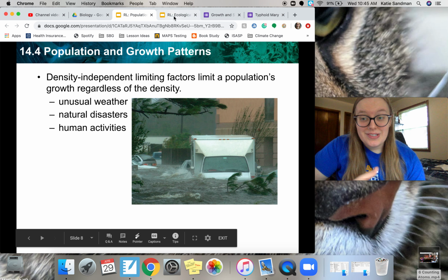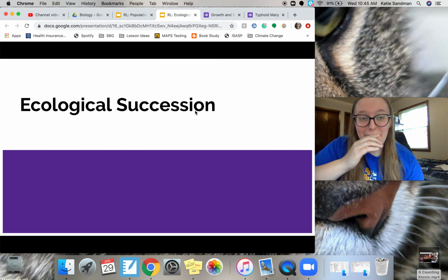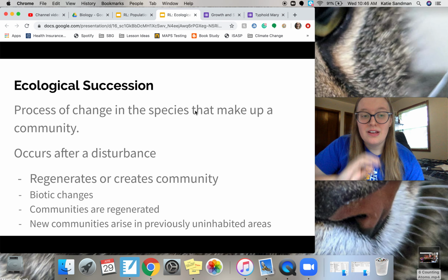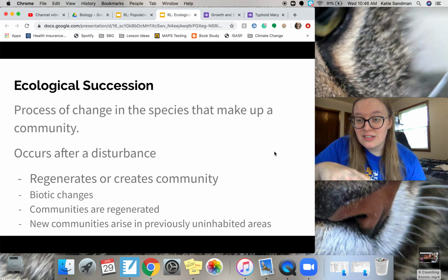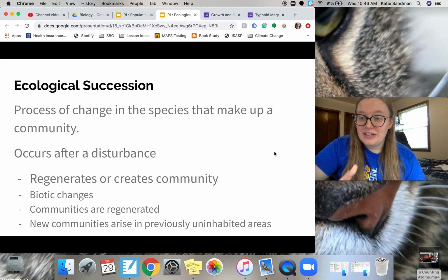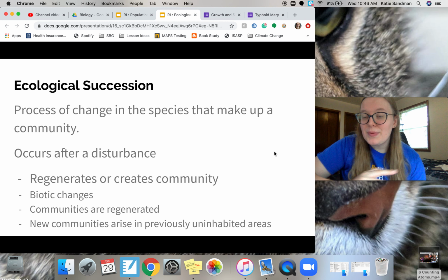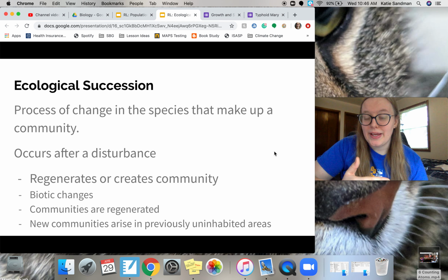So this ecological succession one is literally going to be 3 slides. It is super fast, okay? So ecological succession, this is a process of change in a species that make up a community. It needs to happen after a disturbance in a particular ecosystem or environment. So succession is like, it can build back up, like something happens in the ecosystem and then it starts back up again.